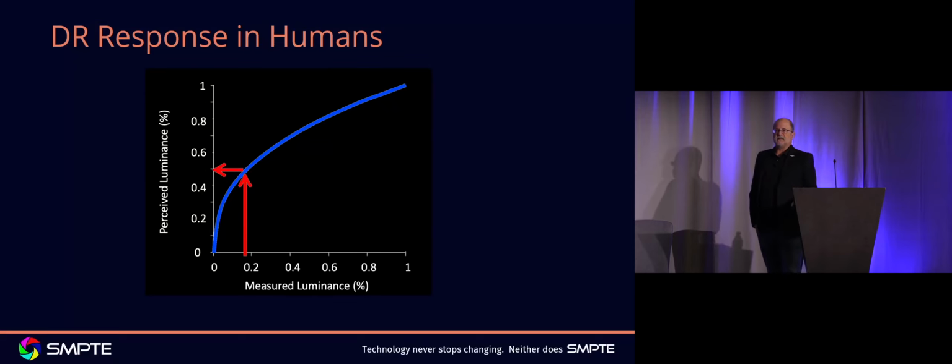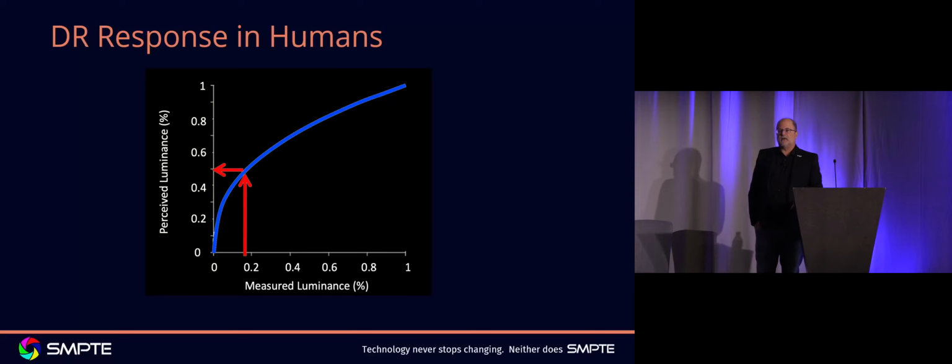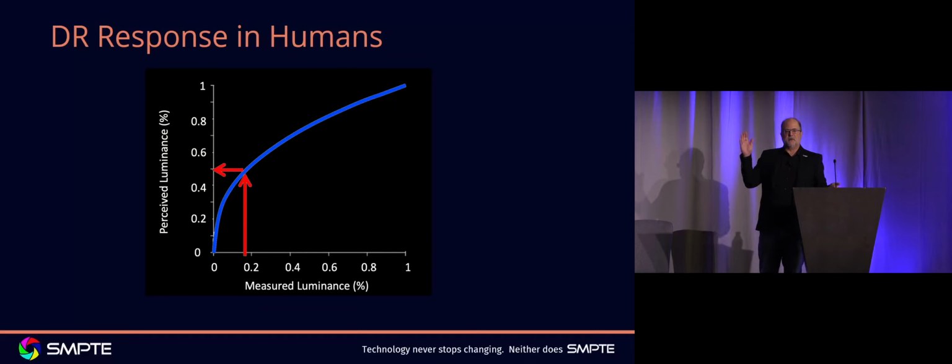HDR10 quantizes at 10-bit. It's a display format, really. So it quantizes at 10-bit, and it uses the PQ transfer function. The PQ transfer function was designed, and we'll talk about it a little bit later, with human perception in mind. So more code value allocation in the darks, less in the highlights. Covers up to 10,000 nits on the display.